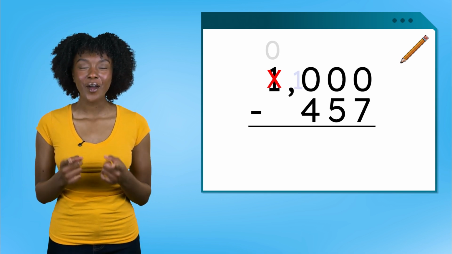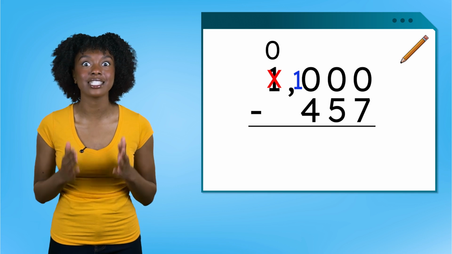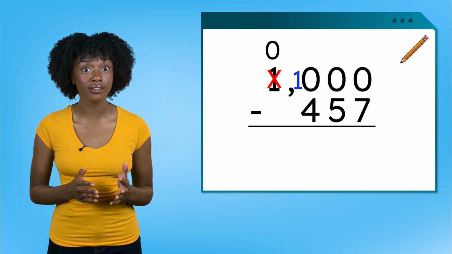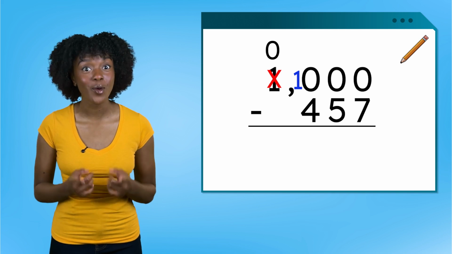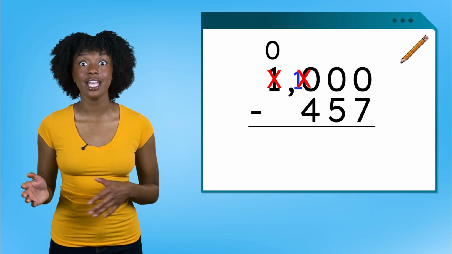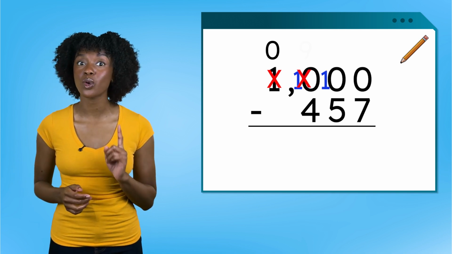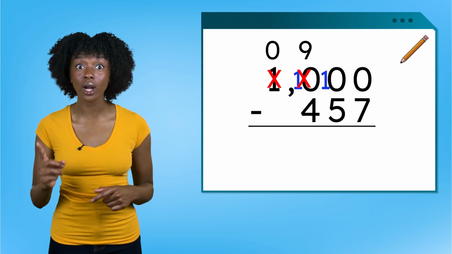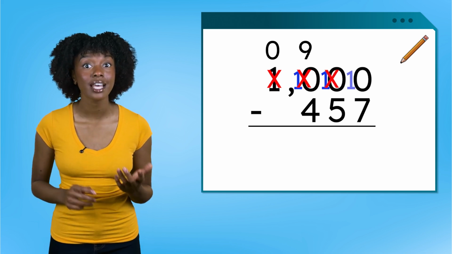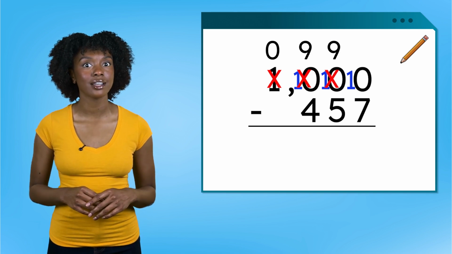You're right. 1,000 breaks apart into 10 hundreds, and we're left with 0 thousands. Then, like in the last example, we can regroup 100 into 10 tens, leaving us with 9 hundreds. Finally, we'll need to regroup 110 into 10 ones, leaving us with 9 tens.